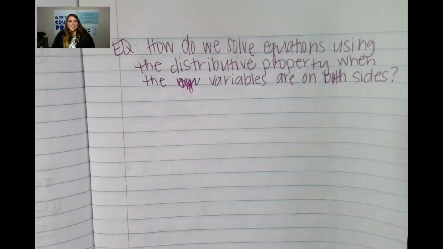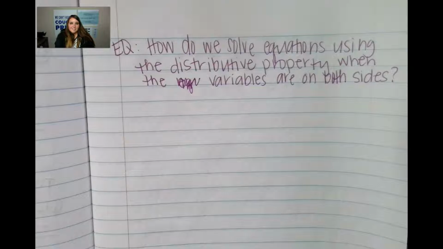Oh goodness, today we have a real special treat because not only are you going to have variables on both sides of your equation, but they're also throwing in, wait for it, the distributive property. Woohoo! All right, so our math lessons just keep getting more and more challenging because you are doing amazing things and you are up for the challenge.